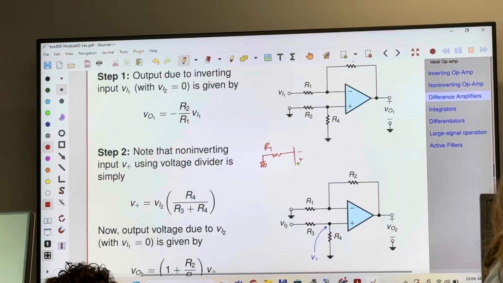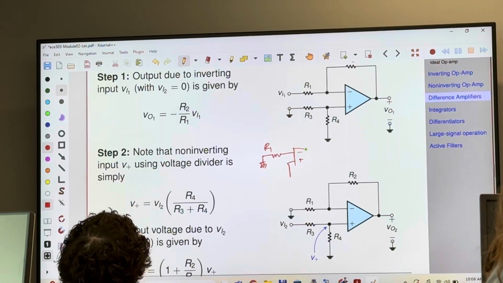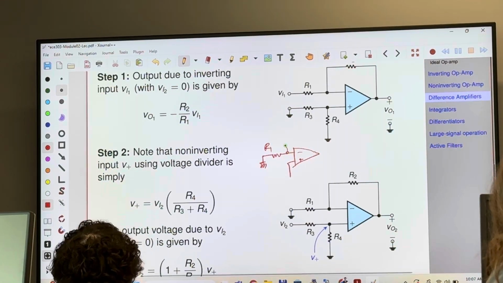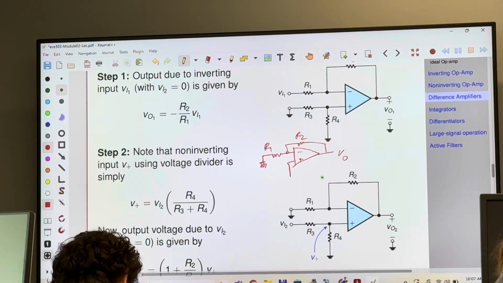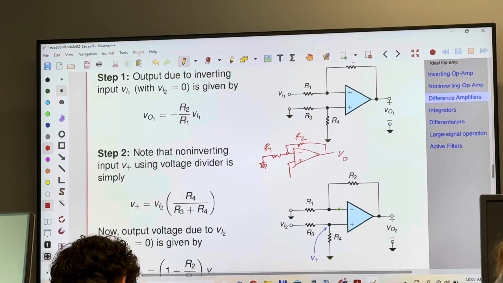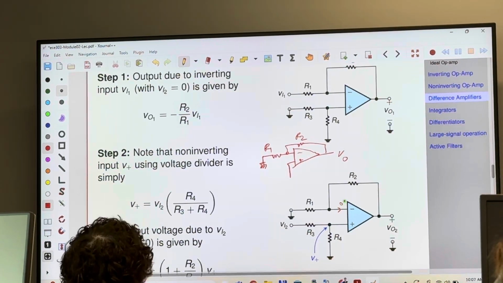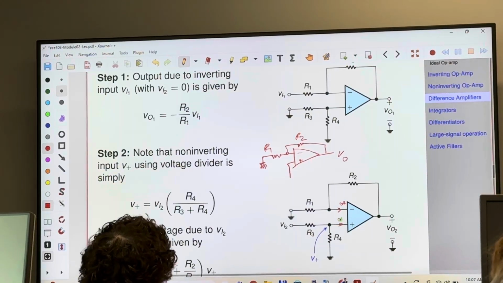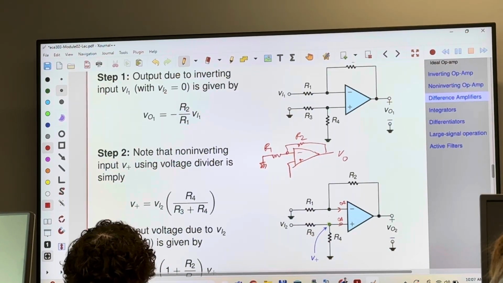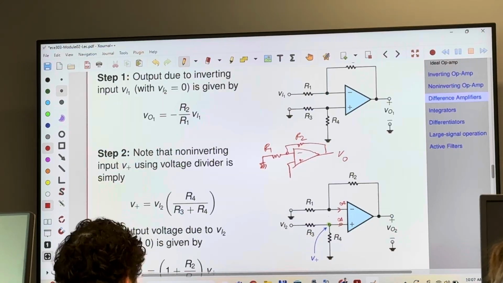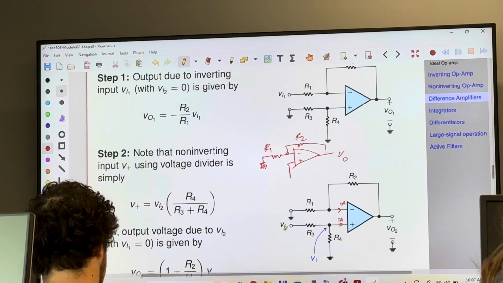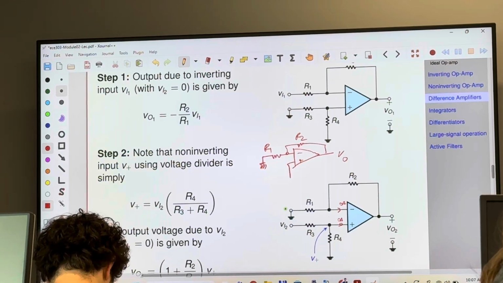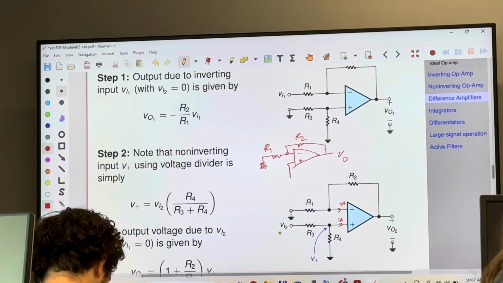This is negative, this is positive. So this is R2, and this is V naught. Okay? Now look. This is going to be 0 ampere, and this is virtually short. Look, I have the second input activated here. The first input I put 0, the second input is activated. Do you see that?